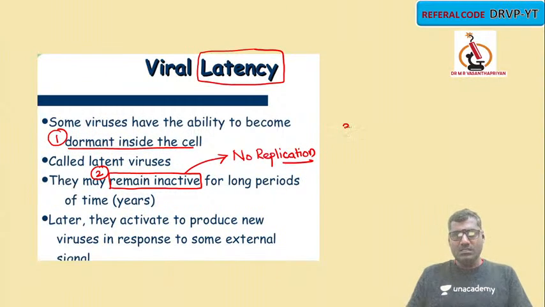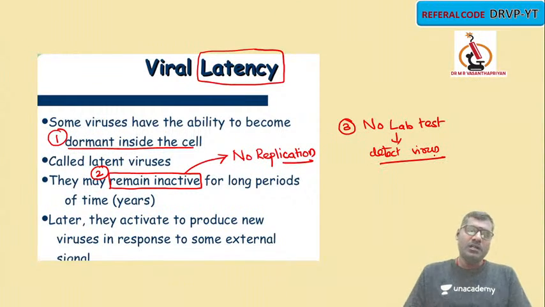Now what is the third criterion to be fulfilled by pure latency? We cannot demonstrate the virus by taking a sample with any laboratory test. So no lab test will detect the virus from the sample, because the virus remains inactive.